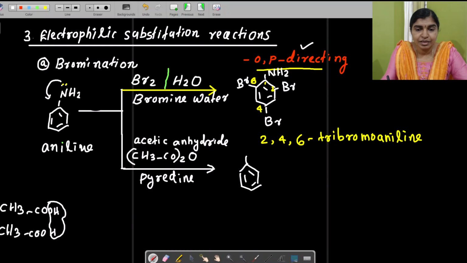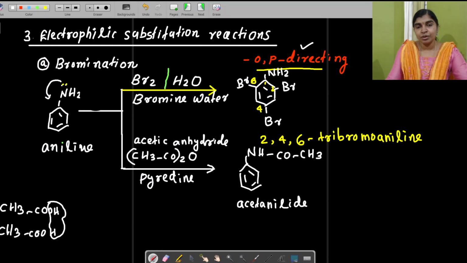That is, here NH2 ൽ നിന്നുള്ള ഒരു ഹൈഡ്രജനെ റീപ്ലേസ് ചെയ്തിട്ട് അവിടെ COCH3 ഗ്രൂപ്പ് സബ്സ്റ്റിറ്റ്യൂട്ട് ചെയ്തു. Name of this compound is acetanilide. What is the name of the compound? That is acetanilide is formed here.